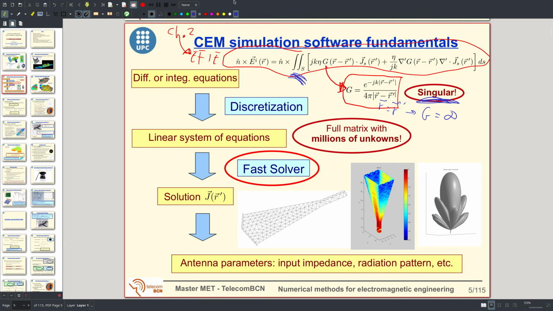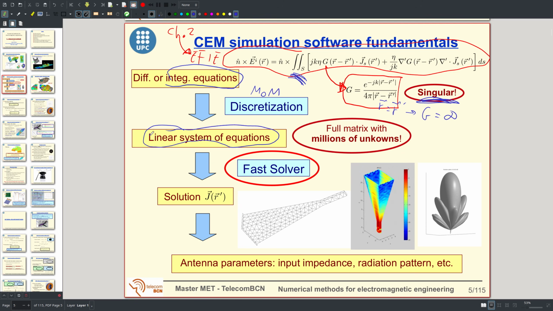So, we have some equations, in our case the integral equations. We discretize them. We will use the method of moments that we will explain in a video later in this chapter. We discretize the integral equation with the method of moments and obtain a linear system of equations.